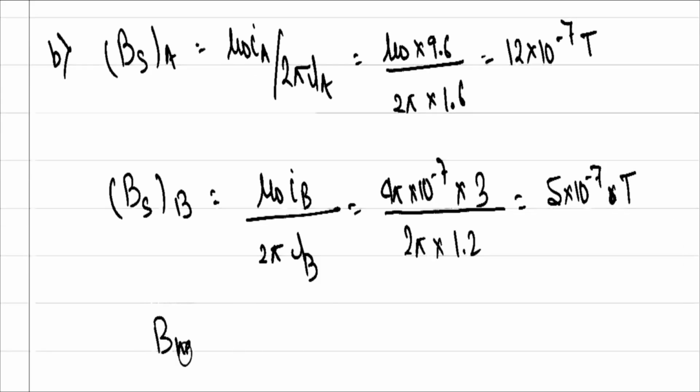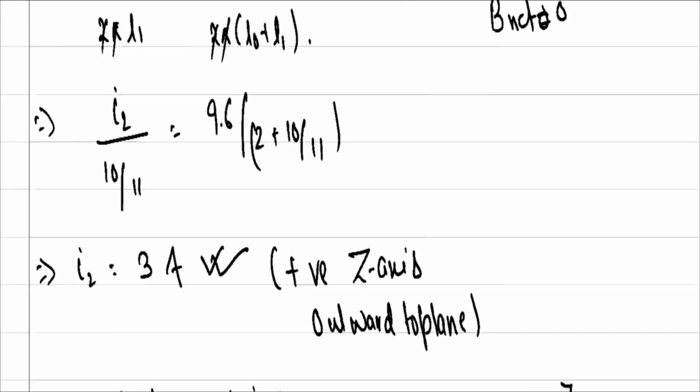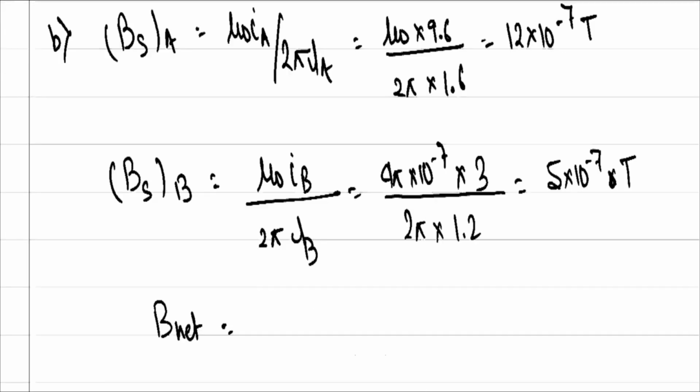So for B net, we know that the directions of the magnetic fields are at 90 degrees. See, this is a right angle triangle, and the directions of the magnetic fields are 90 degrees apart.